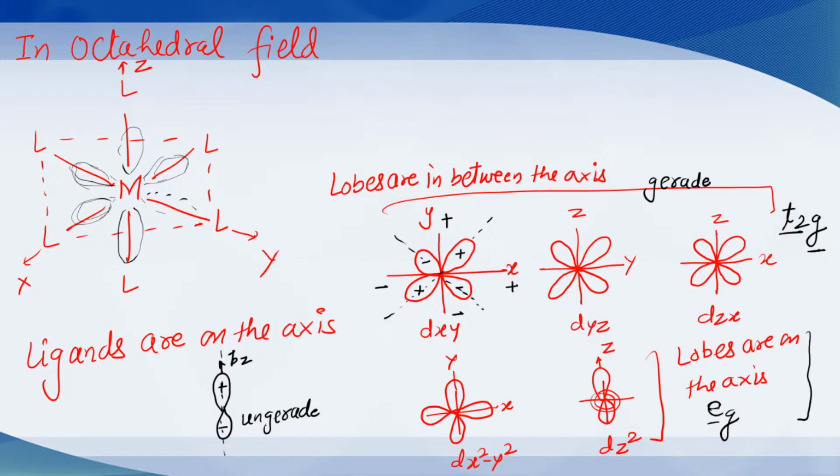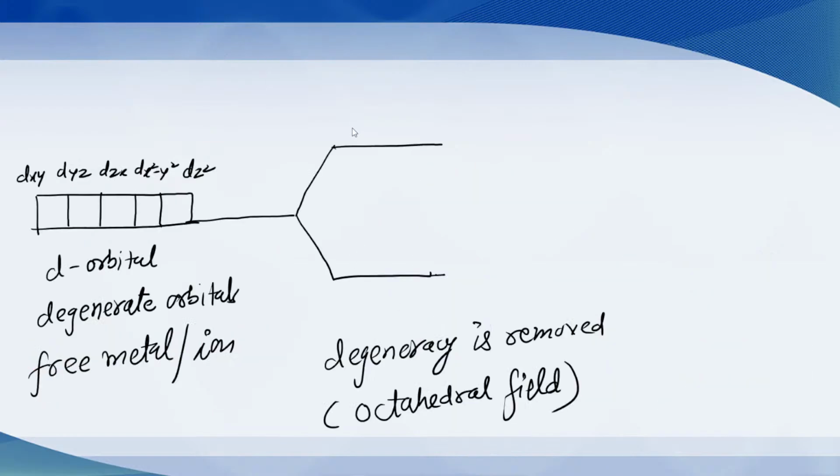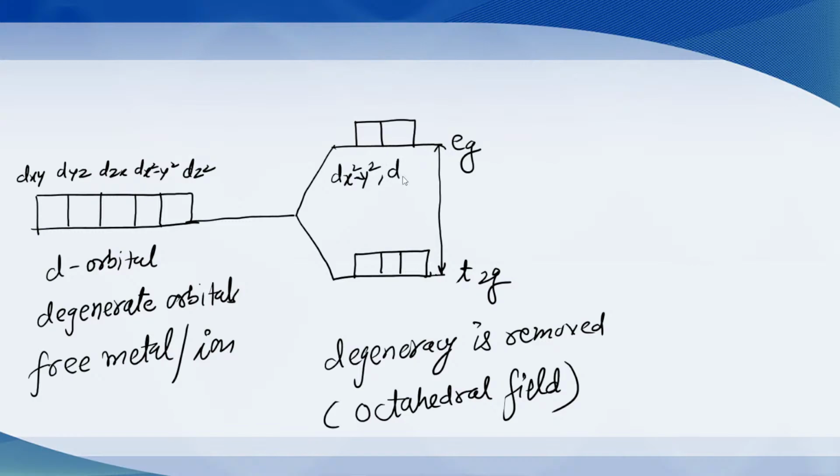So the energy of Eg is more, and the energy of T2g is less, because in T2g lobes are directed away from the ligand, but in Eg lobes are directed towards the ligands. So this is T2g and Eg.